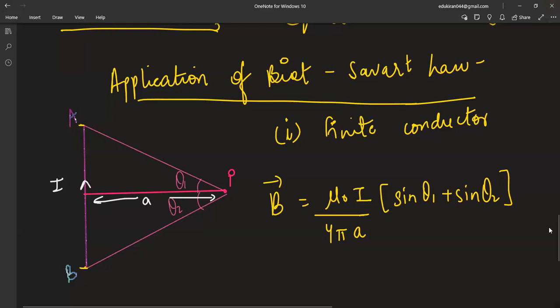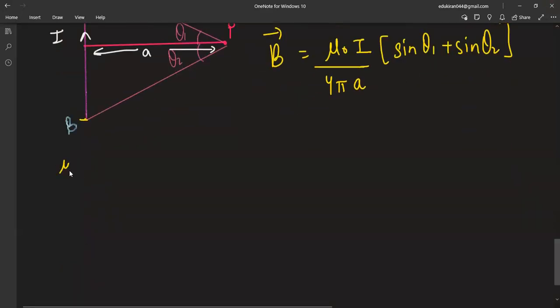One question was there regarding infinite length. This was finite, which we discussed.